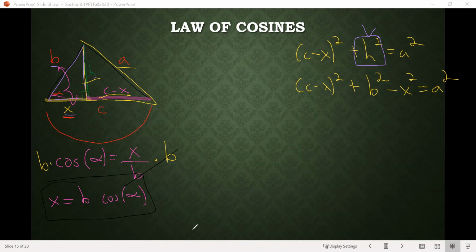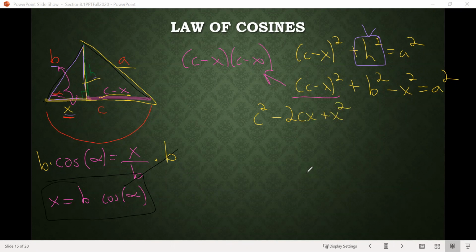And what I'm going to do next is deal with this (c minus x) squared. So I'm going to FOIL that out, which, as an aside, recall that to multiply this, we need to do c minus x times c minus x, which requires FOIL. And so when we do that, we'll end up with c squared minus 2cx plus x squared.